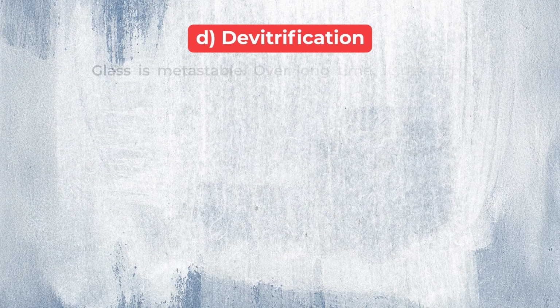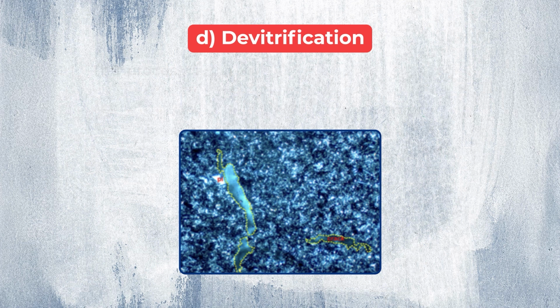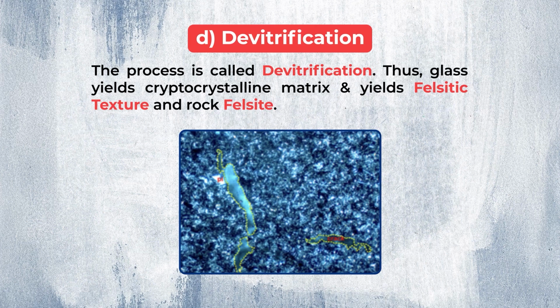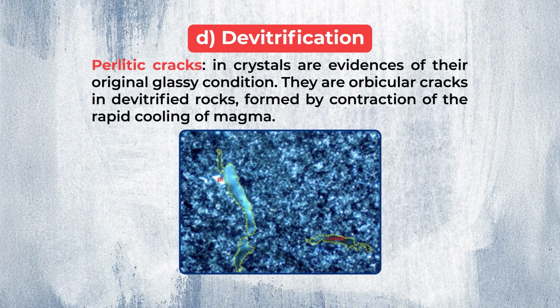Devitrification. Glass is a metastable material. Over a long time, it develops irregularly ordered atoms and molecules and forms a cryptocrystalline matrix. The process is called devitrification. Thus, devitrification of glass yields a cryptocrystalline matrix and felsitic texture, and the rock is known as felsite. Perlitic cracks in crystals are evidence of their original glassy condition.